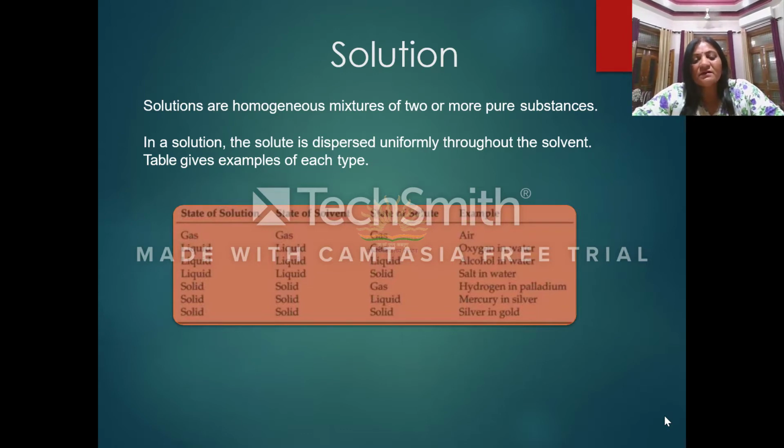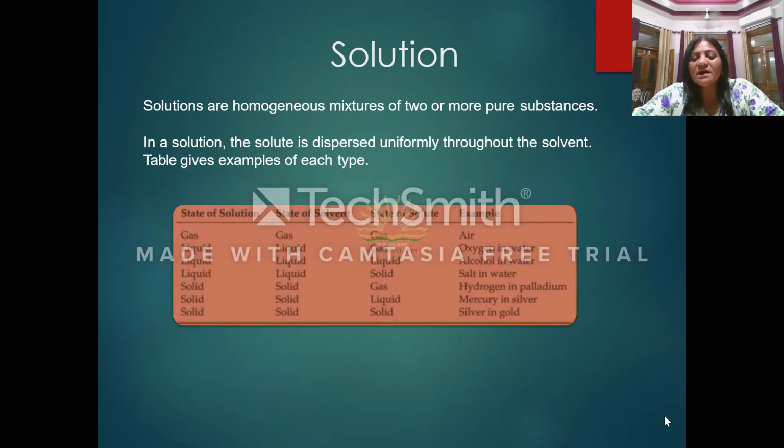Liquid solution. When the solvent is liquid and the solute is gas, this type of solution is called a liquid solution, and the example is oxygen dissolved in water. Now liquid solutions in which the solvent is liquid and the solute is liquid, and the example is alcohol in water.